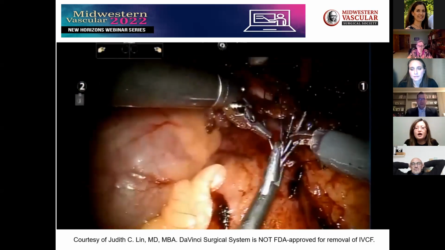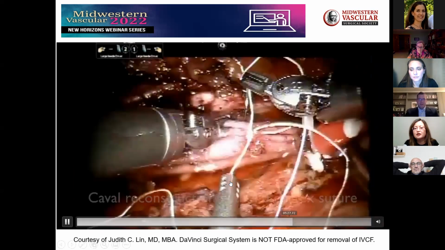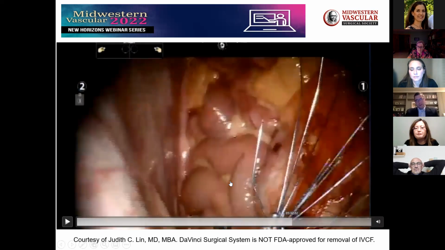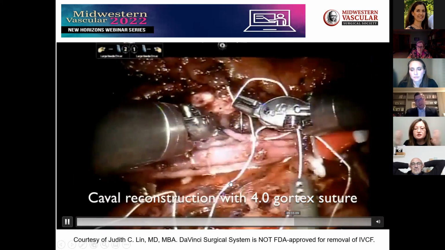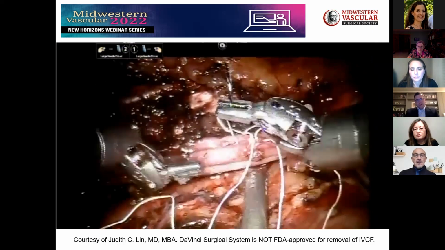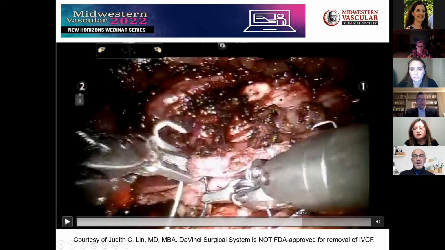And these are really chronic filters. This one is at least nine years old. Oh, and then we do the reconstruction, which is for Gore-Tex. You can use pretty much any. I like using Gore-Tex, especially since you can see better robotically.